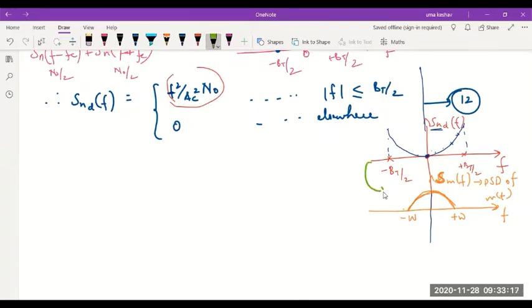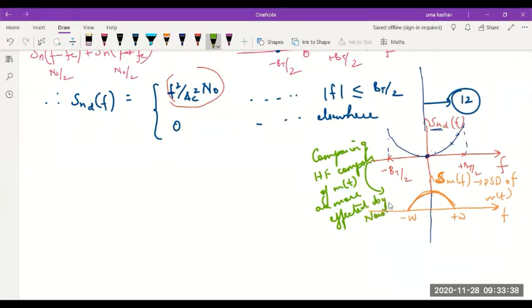Looking at these two, you can clearly see high frequency components of message are more affected by noise. Yes or no?